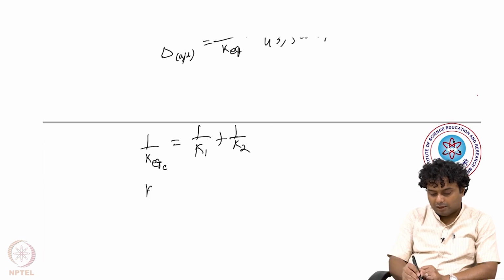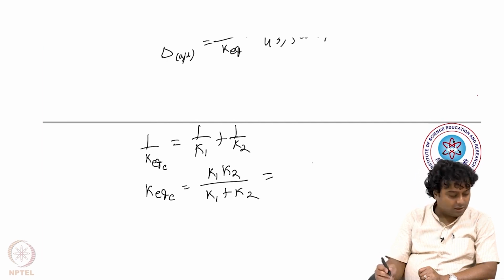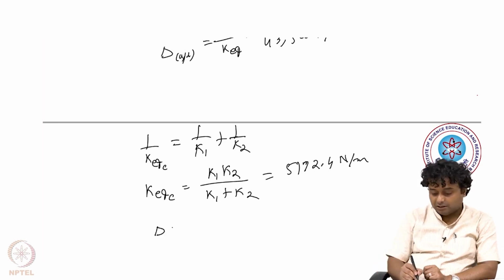So K equivalent C equals K1 K2 divided by K1 plus K2. And if you put in the K1 and K2 values, then you will get 5172.4 Newton per meter.